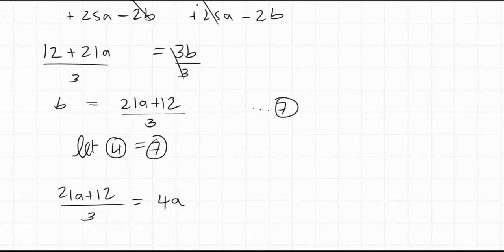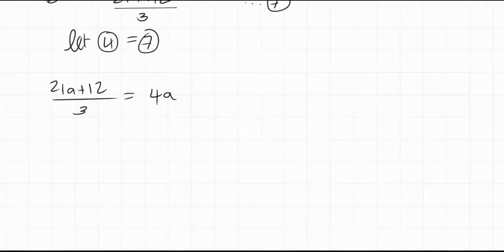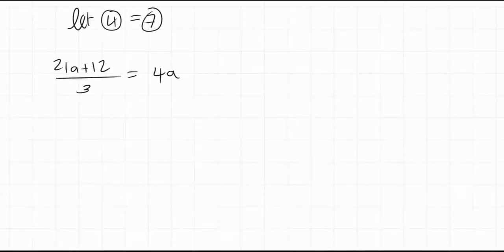Right, so now we only have A. We can finish at least getting A. Okay, how do we do this? Well, 21A over 3, splitting the denominators, plus 12 over 3 is equal to, we times this by 3 over 3 to get the denominators all the same. 4 times 3 is 12 over 3.